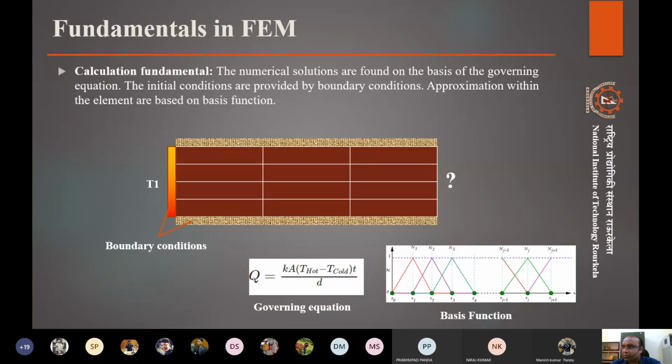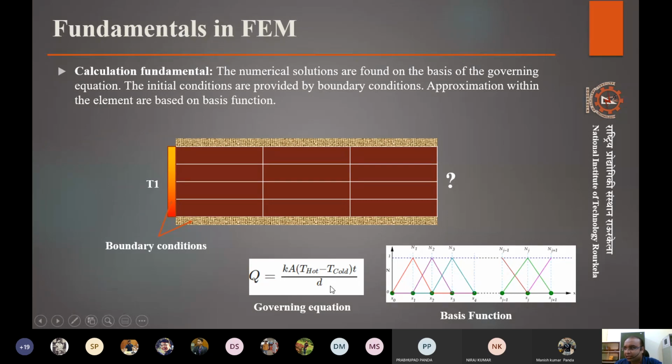Yesterday we saw how, if we give some boundary conditions to a sample, and we want to calculate individual values of how temperature or heat transfers from one point to another, it is governed and calculated by its governing equation.